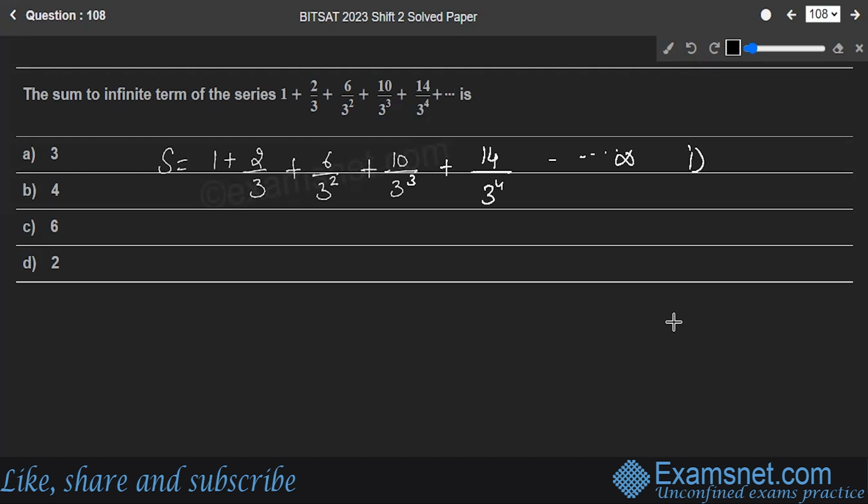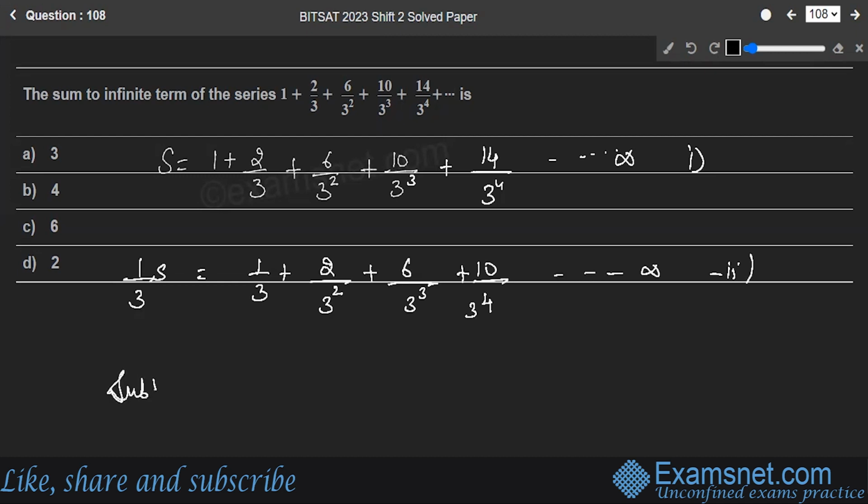Multiplying both sides by 1 by 3, you will have 1 by 3 S is equal to this, plus 3 upon 2 squared, 6 upon 3 cube, 10 upon 4, 3 raised to power 4, and so on till infinity. Let's say this is equation 2. Now subtracting equation 2 from equation 1.